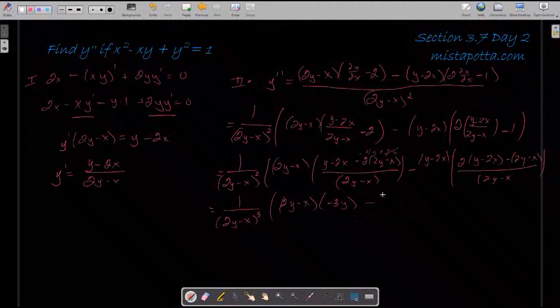And over here, when I subtract, I've got y minus 2x times, when I distribute here, I'll have 2y minus 4x minus 2y plus x. I'll end up with negative 3x.